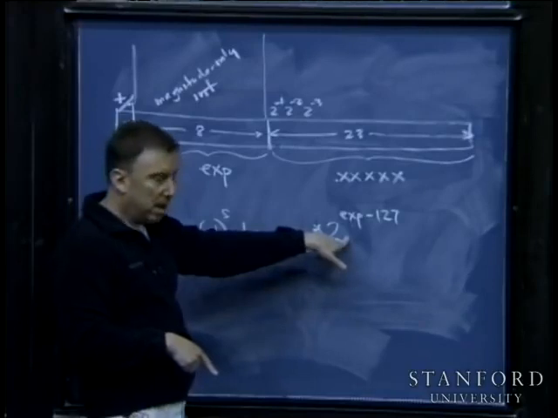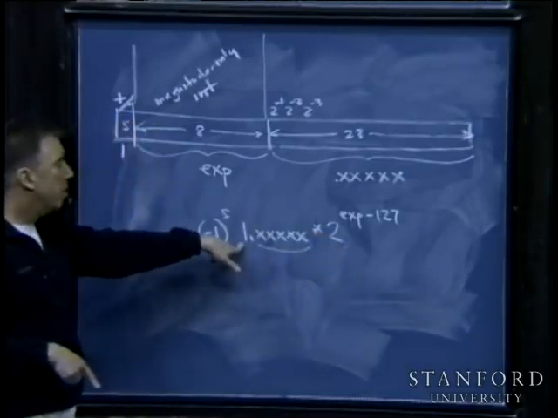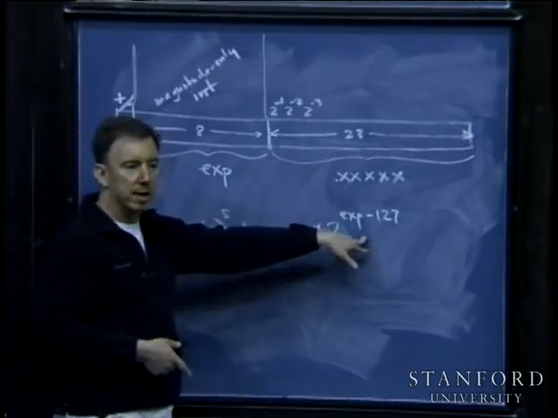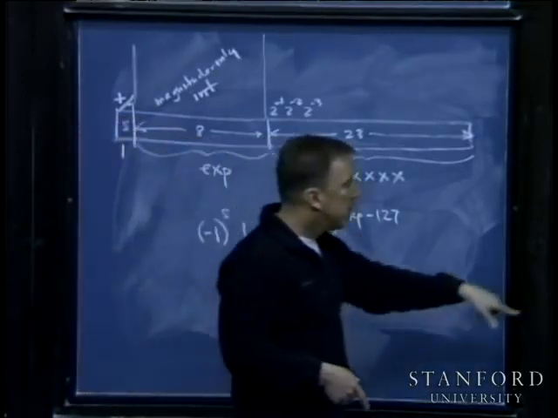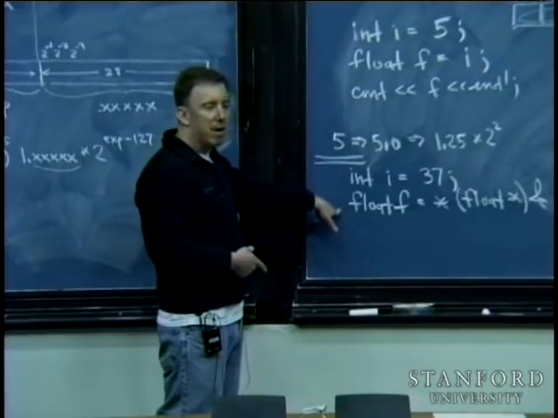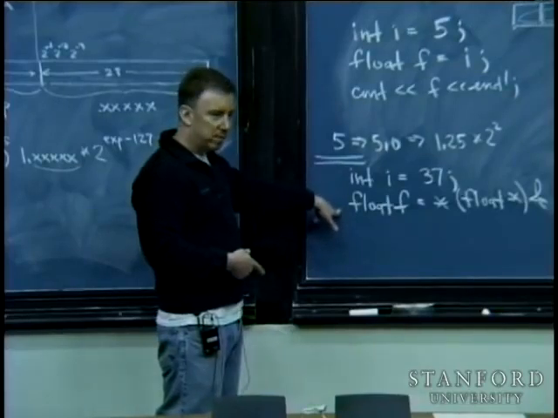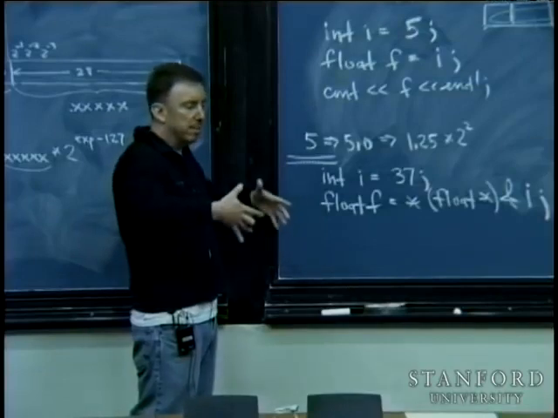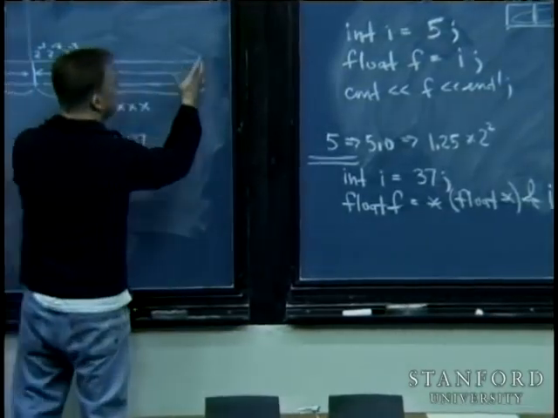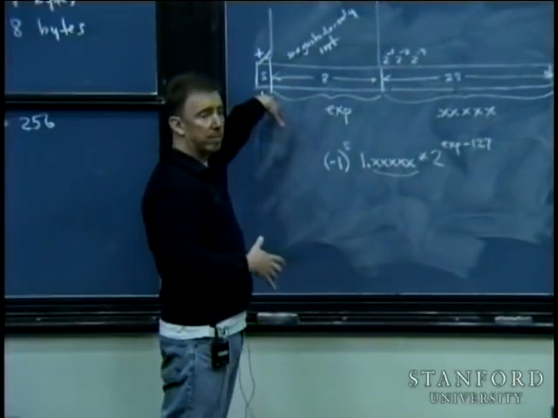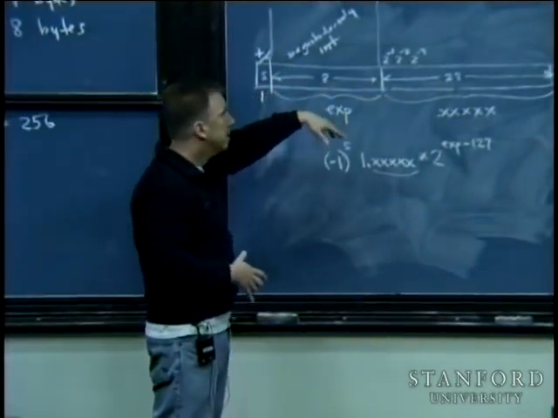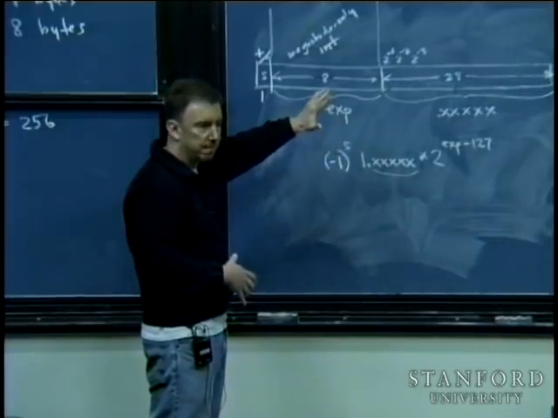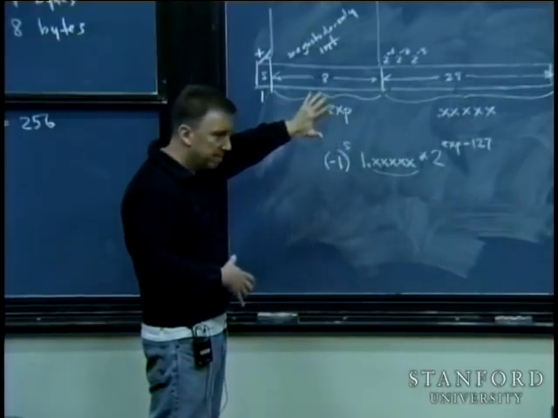There's going to be some contribution of 1.xxx, but this is nothing compared to the weight of a 2 to the negative 127. So if I print out f after this assignment, it's just going to be some ridiculously small number, because the bits for 37 happen to occupy positions in the floating point format that contribute 2 to the negative 23rd and 2 to the negative 20th and things like that. Does that make sense to people?